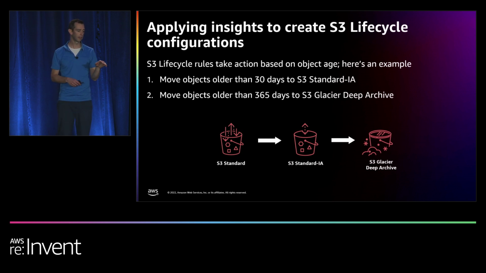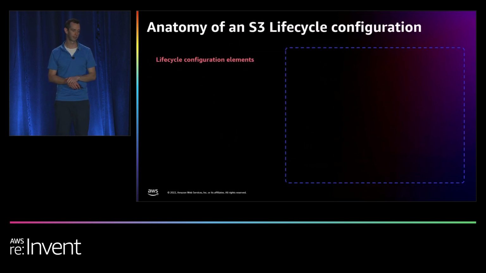And then after a year, I want to move that data to Glacier Deep Archive. So understanding your access patterns, understanding how quickly people need that data back, if they can handle waiting a few hours to get the data back because it's so rare to need that data, let's move it to Glacier Deep Archive. Now you're saving potentially 95% off the cost of standard or more. So kind of making you aware of some of those eye-popping numbers and what you can get from using all the different S3 storage classes.